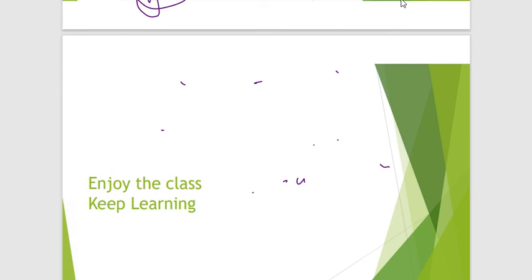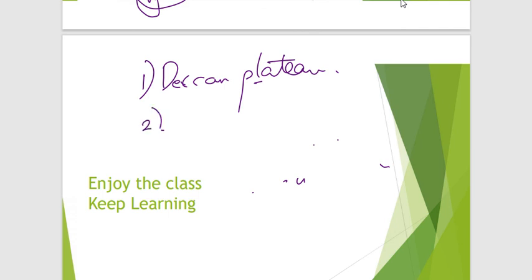First, according to our first class, what is this thing? First, Deccan Plateau formed. Next, Himalayas formed. Next, who formed?